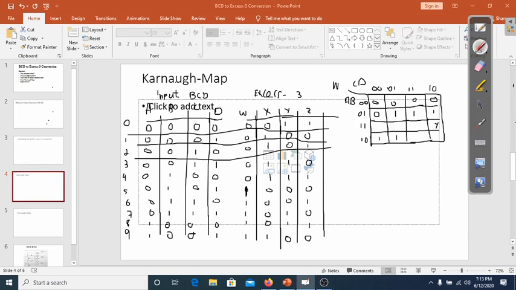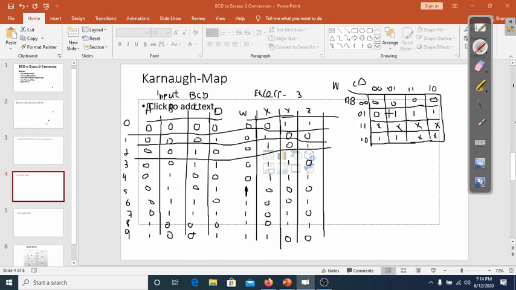Here I am using the don't care condition x x x and x. So next I will simplify this function W.